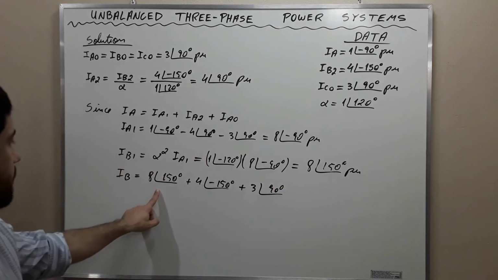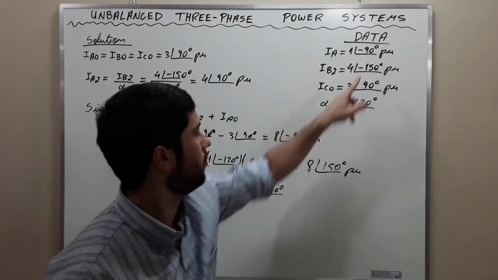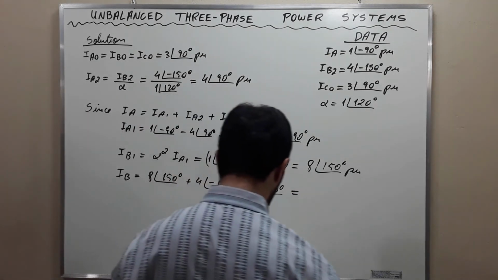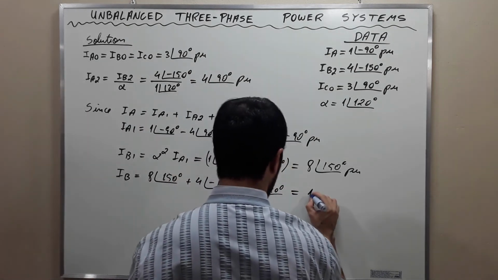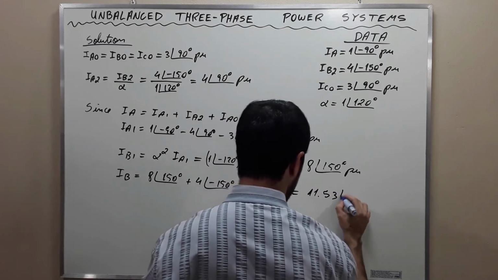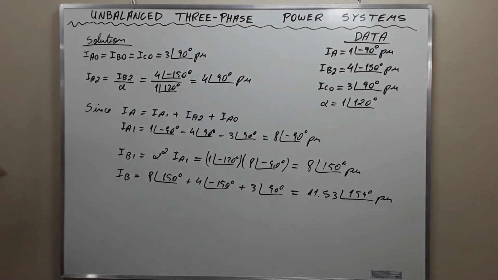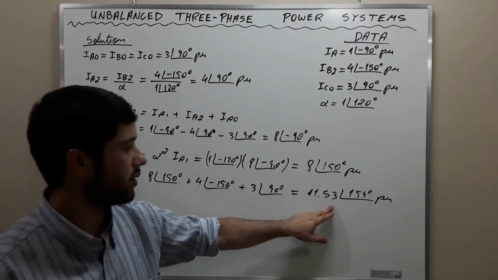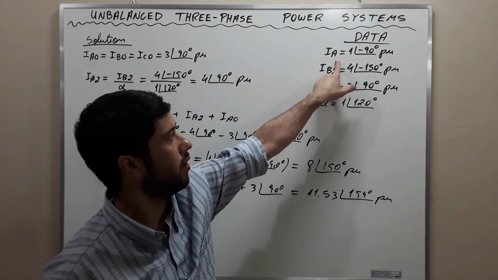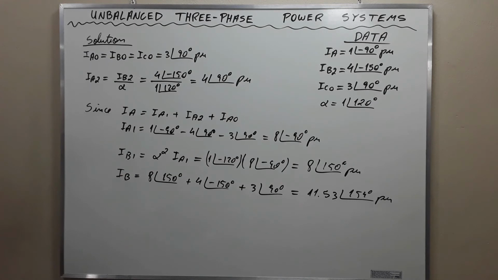Okay, this is this, this is this, and this is this, and we find for conductor B a measured value of 11.53 phase 154 degrees per unit. All right, this is the current that passes along conductor B. This is the current that passes along conductor A, and we can do the same for conductor C.